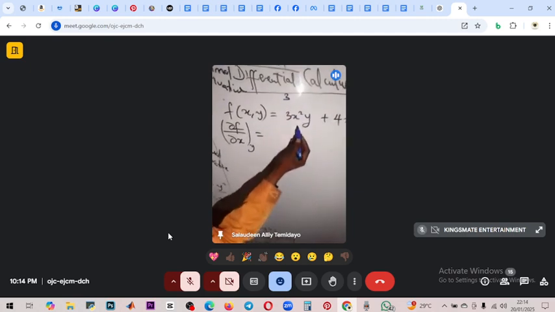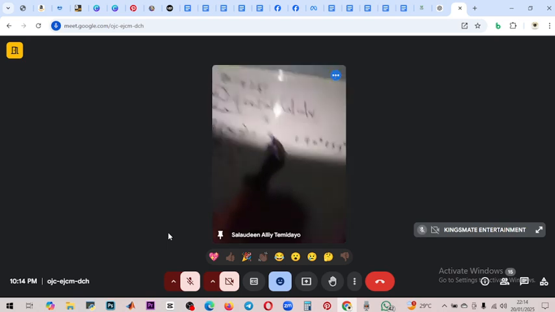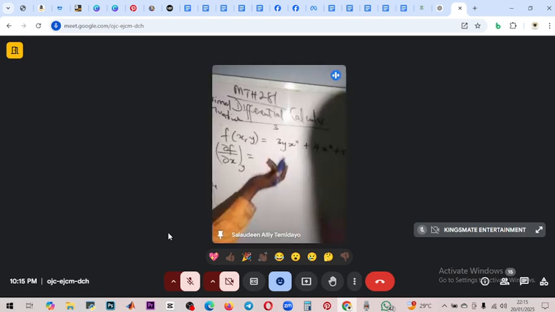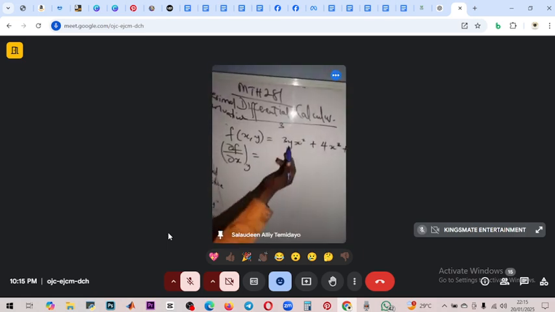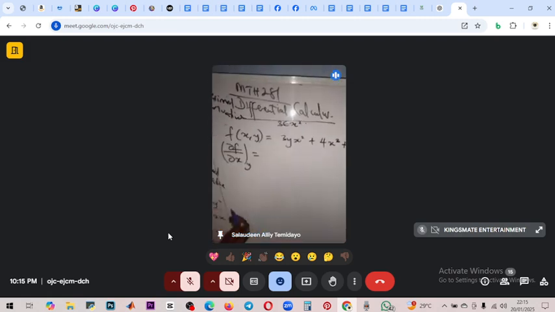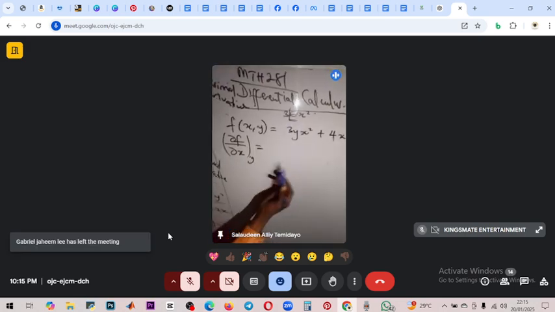Assume I have 3. You can rearrange it by yourself and write it as 3yx squared. It is still the same thing. Now assume y is a constant, like 6x squared. Don't forget that your y is not 6, so assume it is a constant.